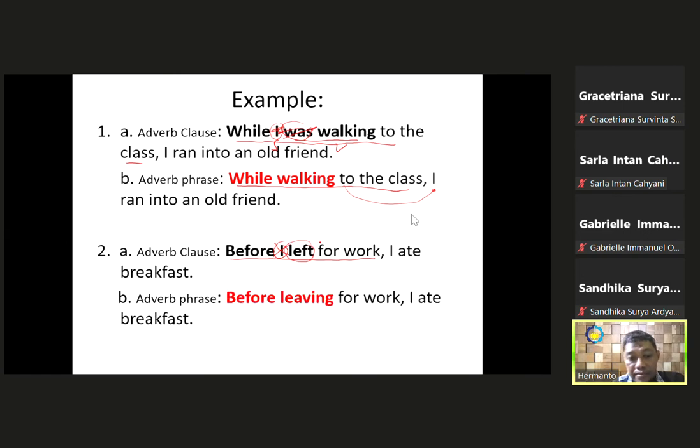And what you get: "Before leaving for work, I ate breakfast." So this is the adverb phrase. Before leaving for work, who left for work? I. So this is an adverb phrase from an adverb clause.